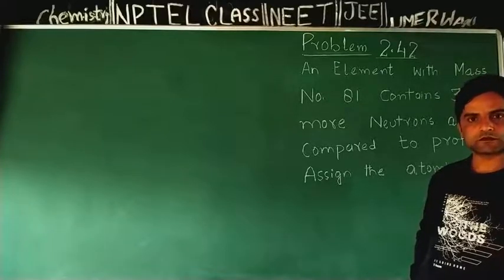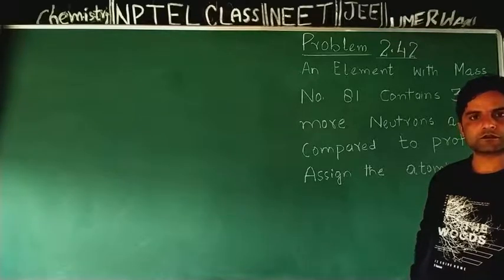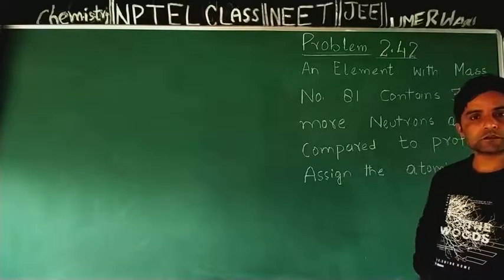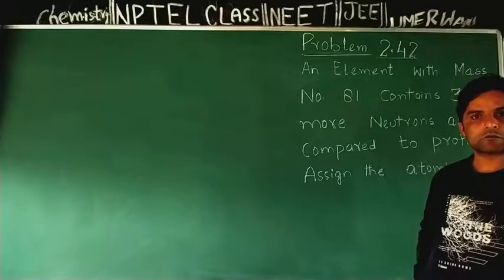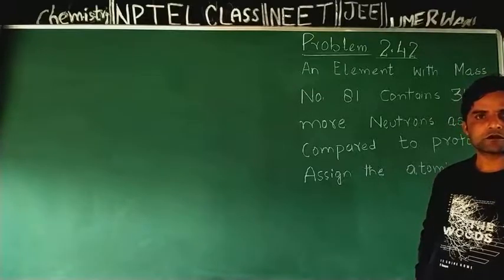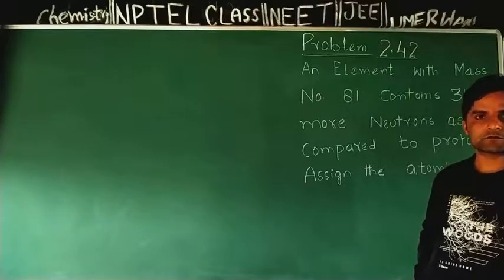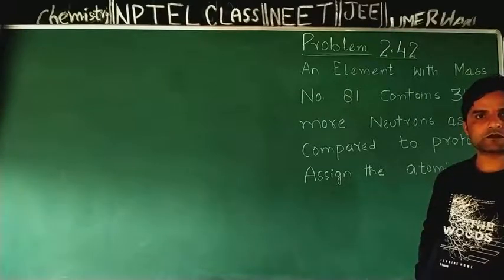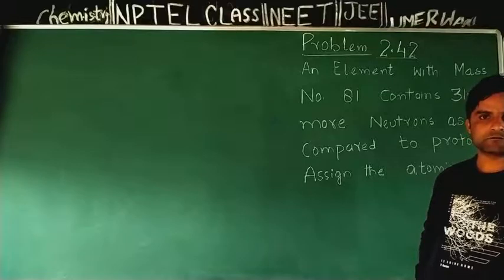These are two ideas. Number one, number of nucleons, which is the sum of number of neutrons and number of protons in the nucleus, represents the mass number of an atom, and number of protons only represent atomic number of an atom.